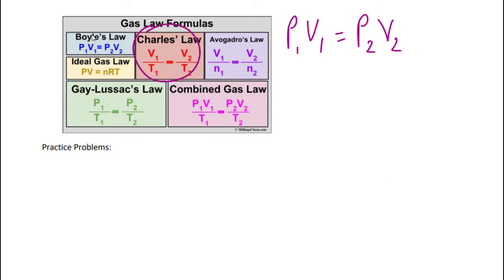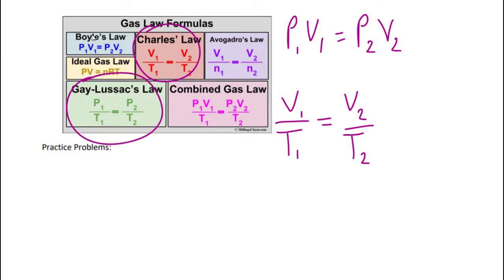And similar to Charles's law, I know that volume and temp are directly proportional. So if I know my initial temperature and my initial volume, and I know what temperature I increase it to, I can figure out that volume. And same with Gay-Lussac's law.